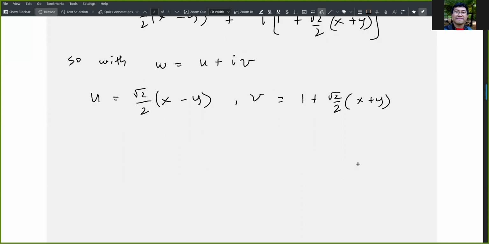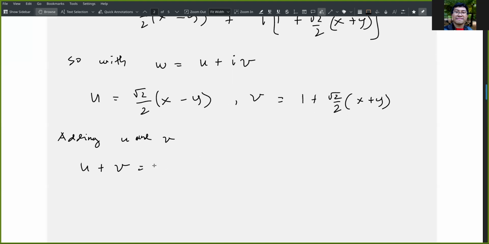Okay, so we can start here and plot values, but we can also make it easier by adding u and v. So if you add u and v, u plus v would become this and this.